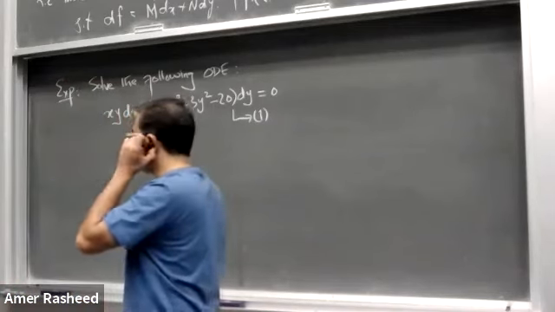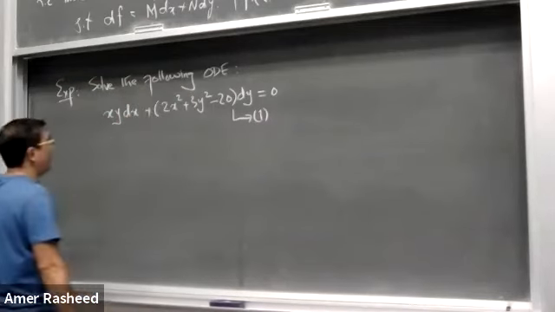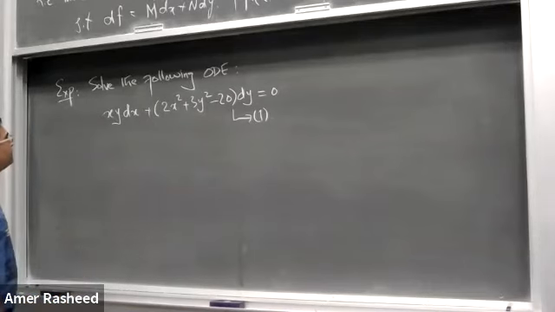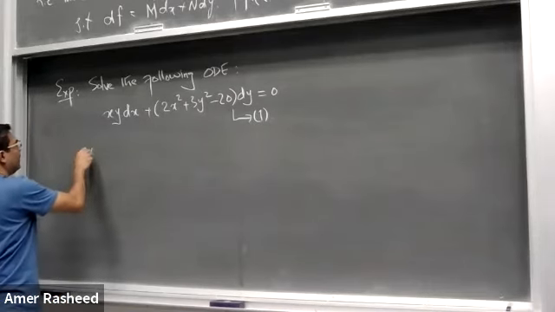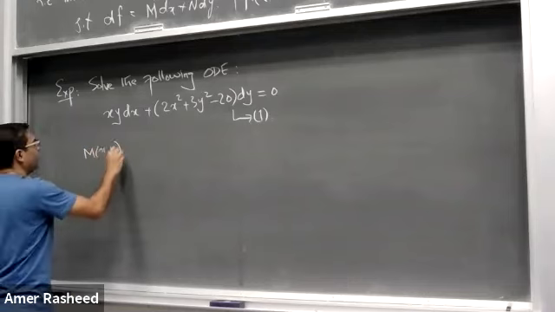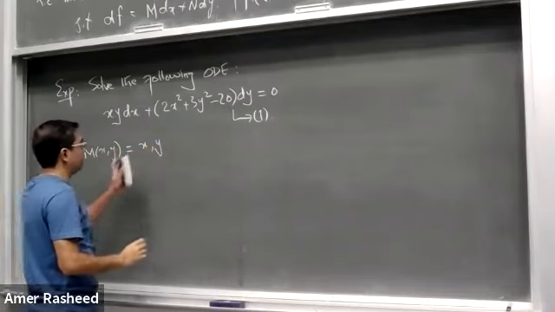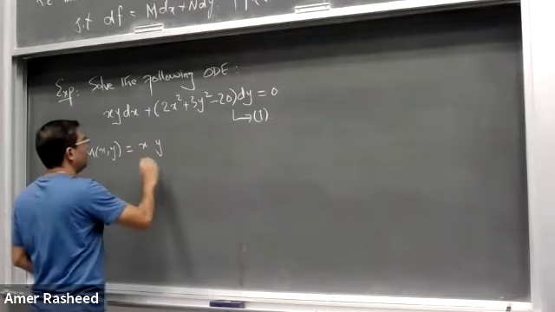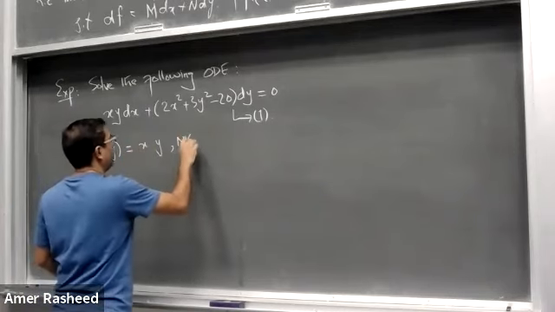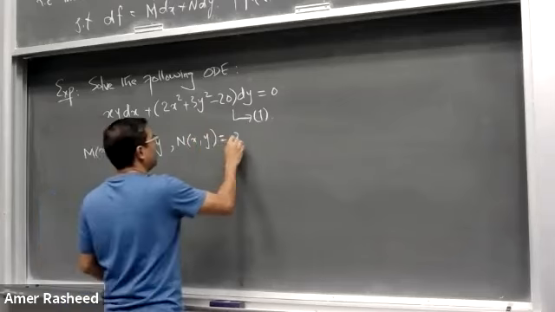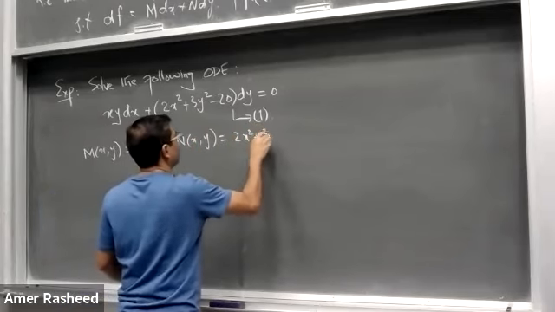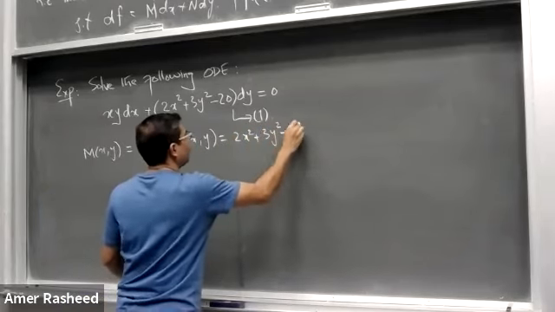But if it is not possible, then we try the exact technique. Now here M of x y is x into y, and N of x y is equal to 2x squared plus 3y squared minus 20.